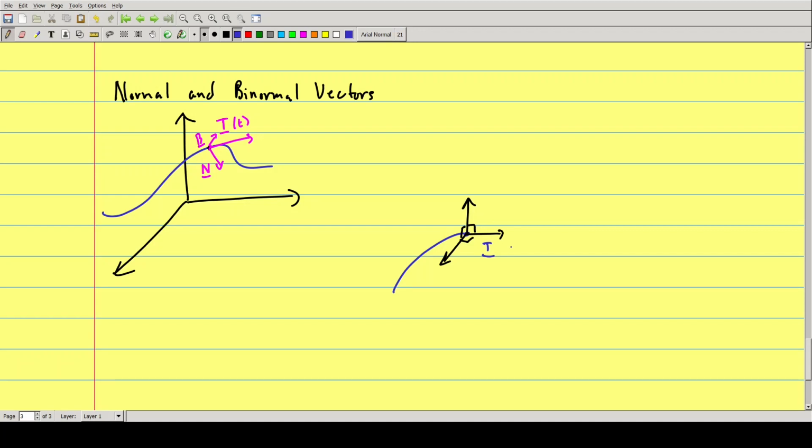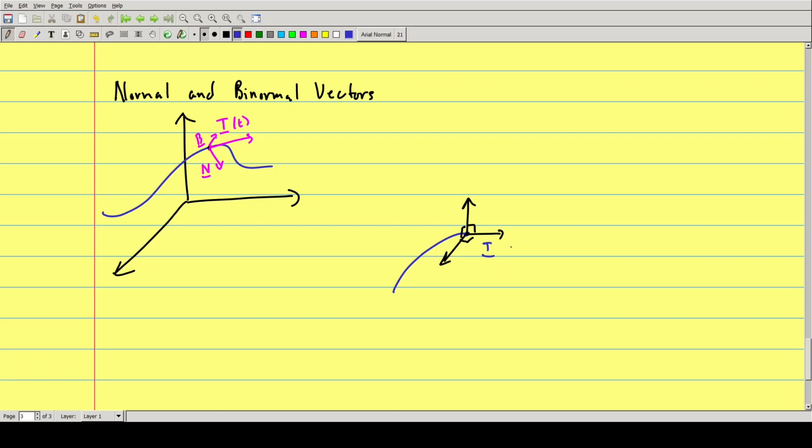This one here is in the direction of travel of the curve, and then the others point perpendicular to that and perpendicular to one another. Does that make sense?